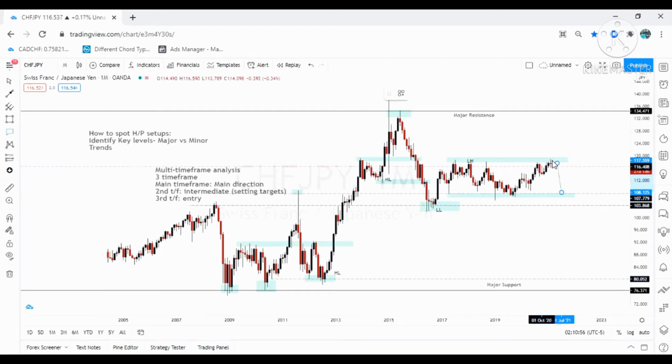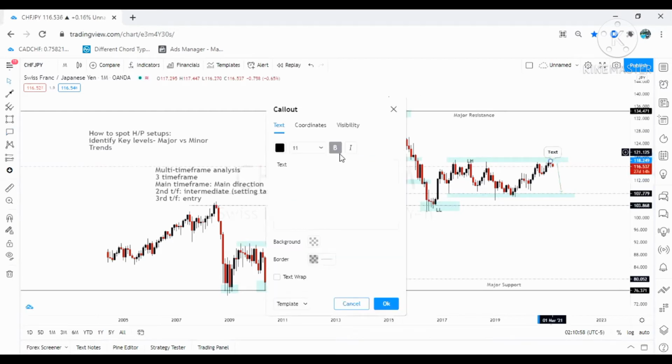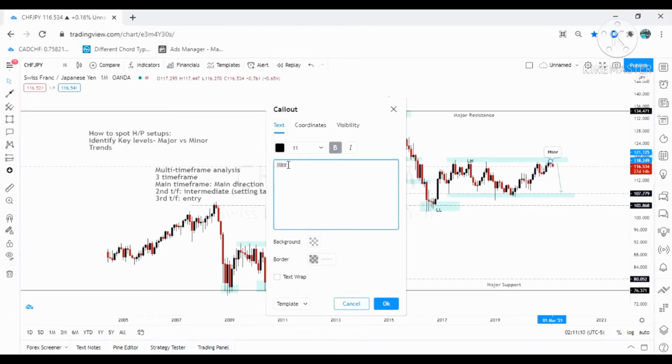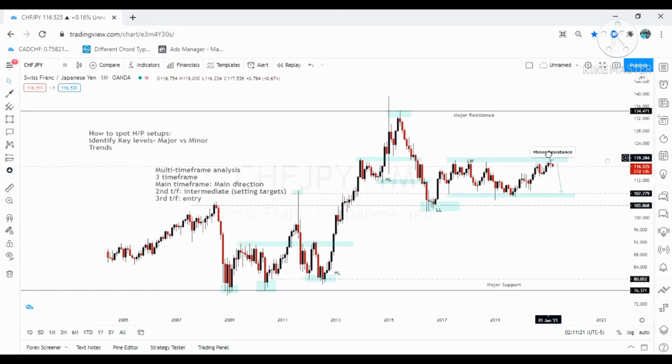We are on minor resistance. Now you're on resistance, right? We're in a consolidation phase with an equal amount of buyers and sellers. So we can get away with buying low and selling high until we get a breakout. So that's number one.